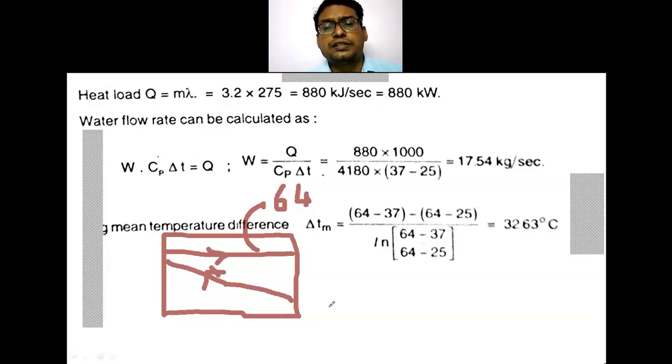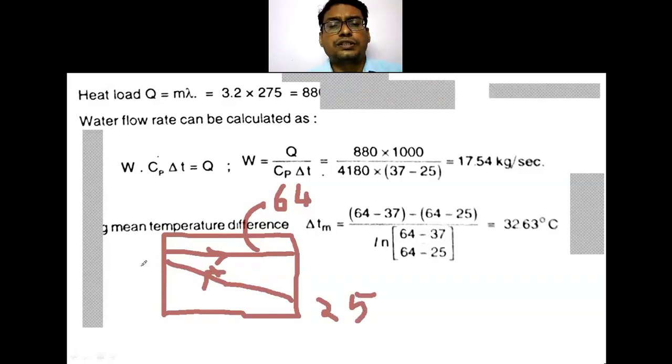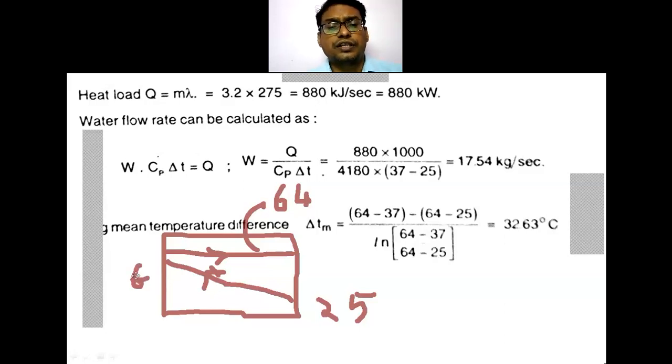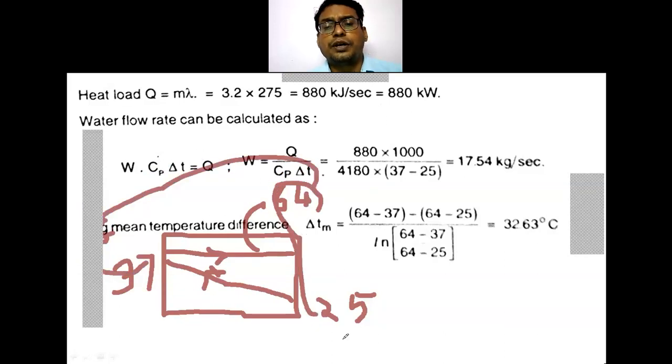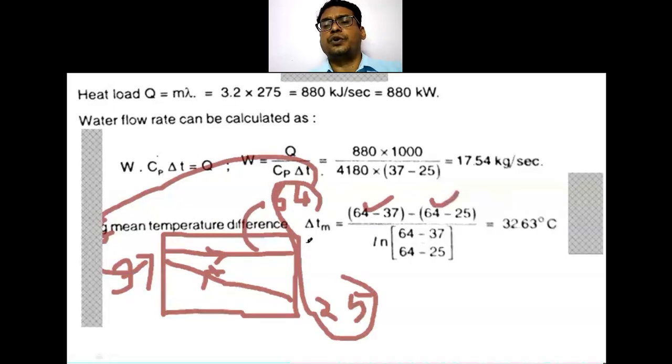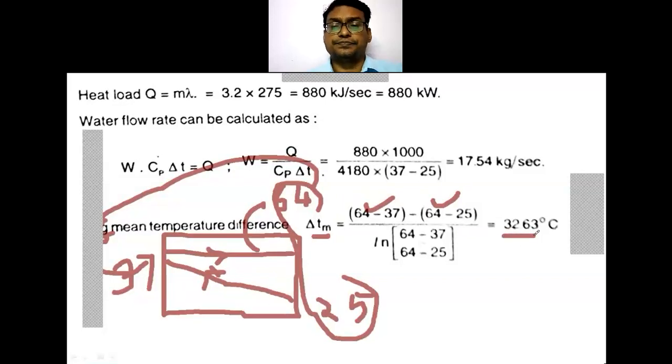This is your 25 degrees Celsius, and on this side it is 64 degrees Celsius, and this is 37 degrees Celsius. So the temperature differences are 64 minus 37 and 64 minus 25. The log mean temperature difference is calculated as 32.63 degrees Celsius.